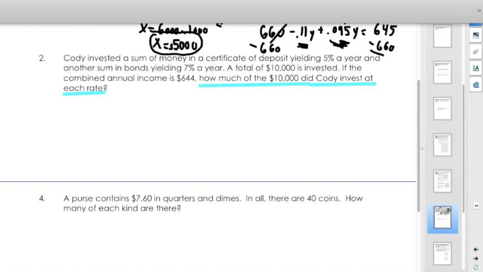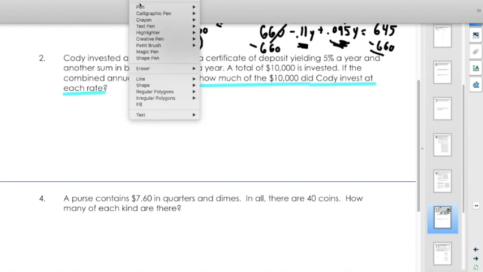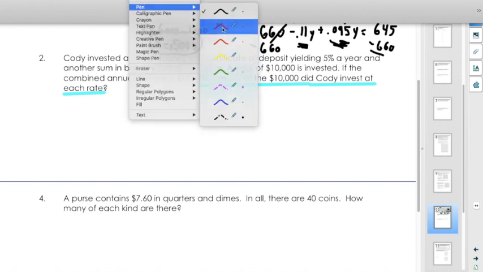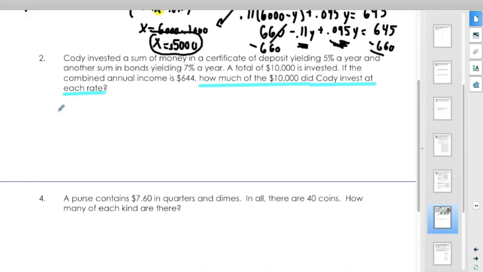So, let's use purple here. Let's let x equal, again, we're looking for how much, the amount. Let's let x equal the amount invested at 5%, because that's the first percent.